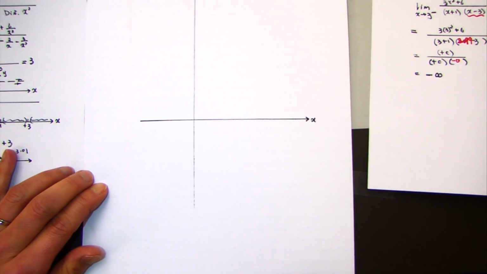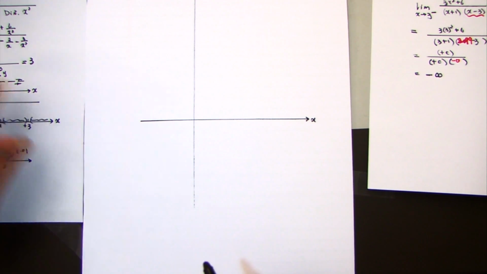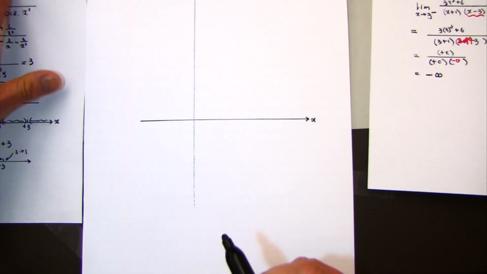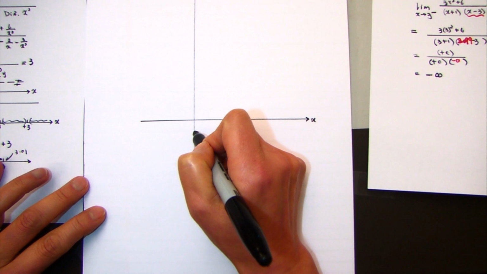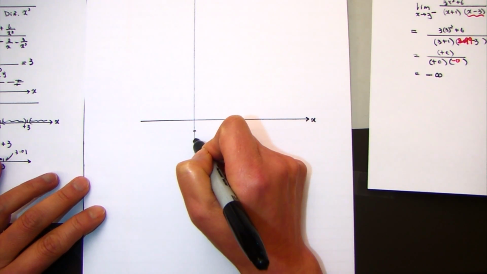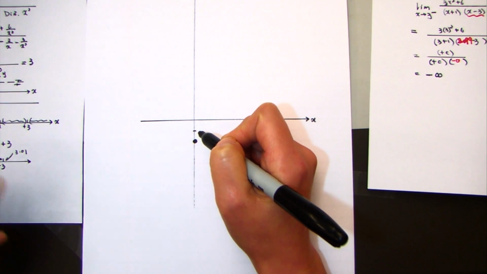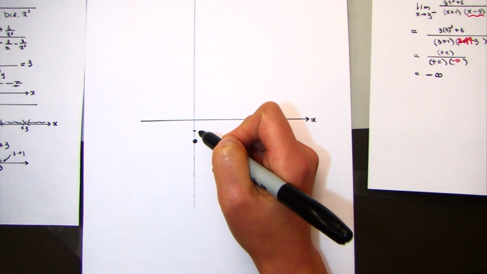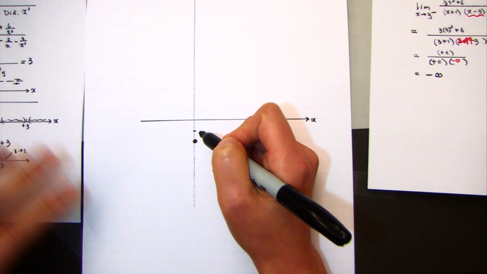Okay, all right, what did we find? We have y-intercept (0, -2). We don't have an x-intercept.